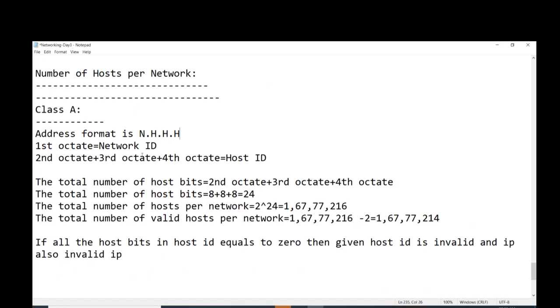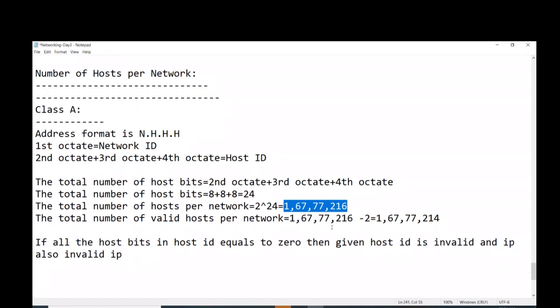It means if you write the IDs starting with the network ID 1, 1.0.0.1, 1.0.0.2, like this, up to 1.255.255.255, these many host IDs you will get. That is the meaning of this.